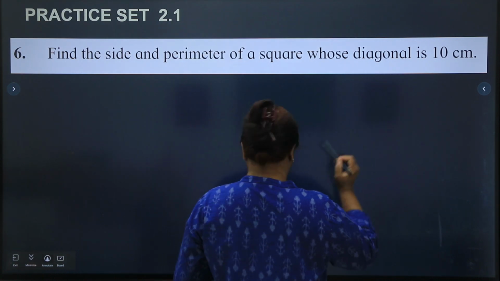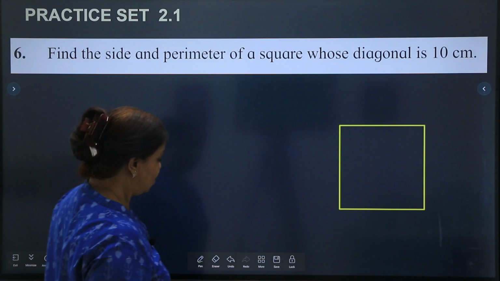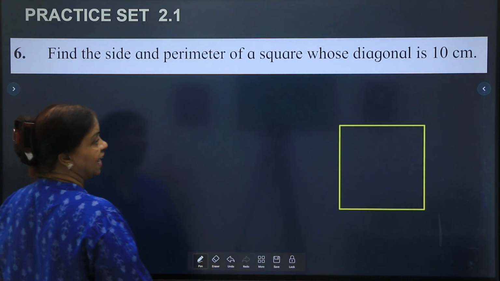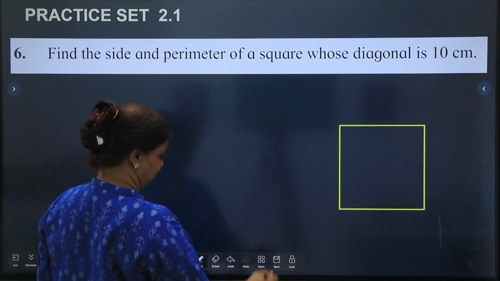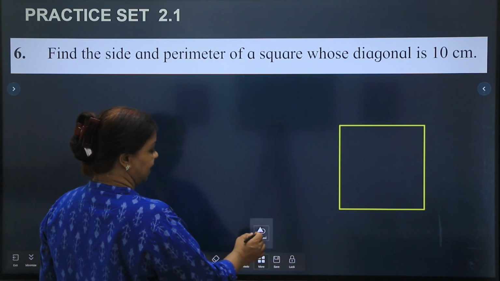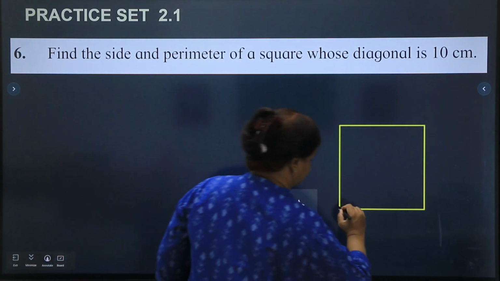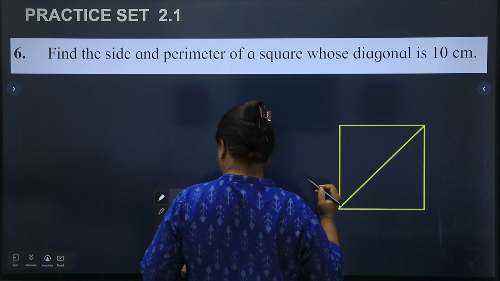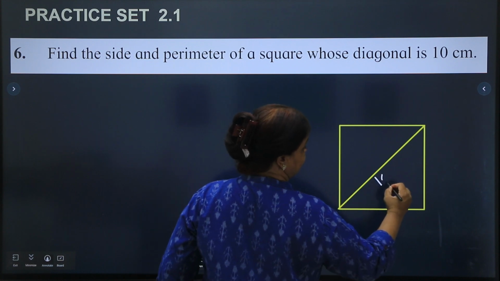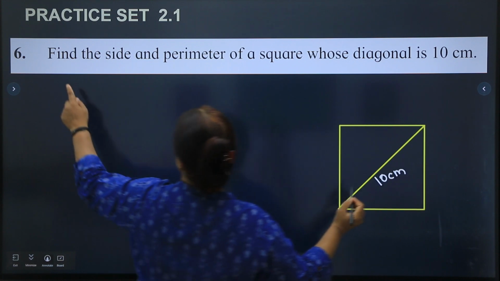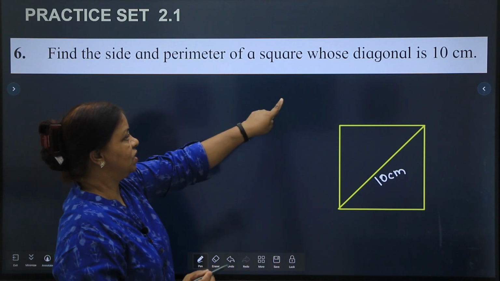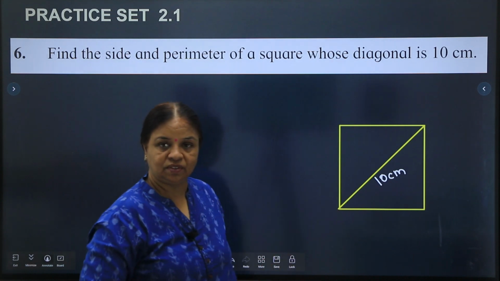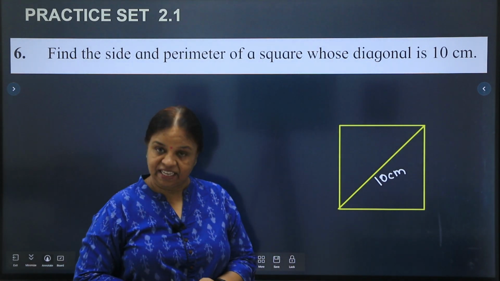There is a square and the diagonal of the square is given, 10 centimeter. Find the side and the perimeter of the square whose diagonal is 10. So this is the square, children, and they have given the diagonal of the square.